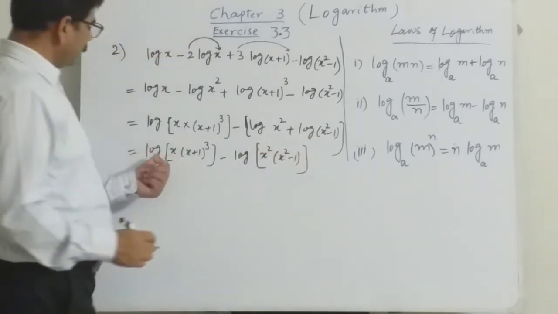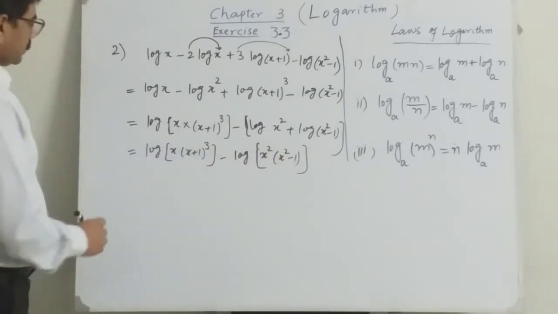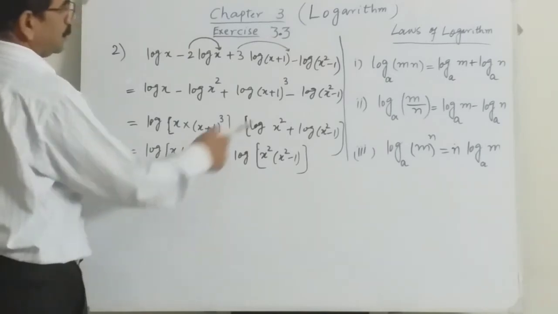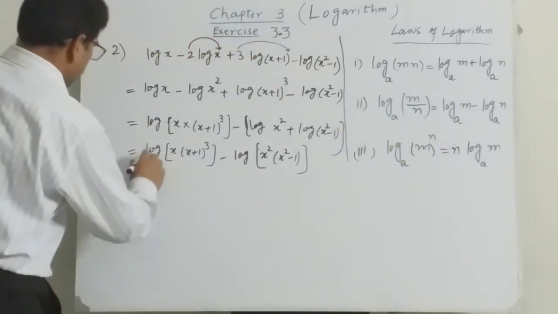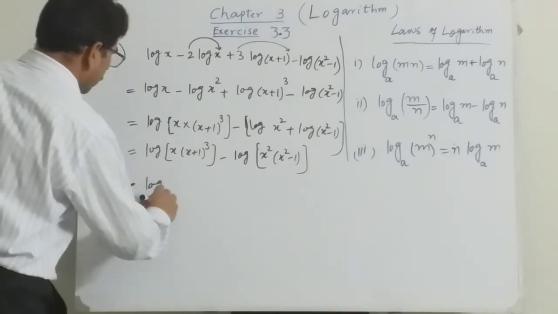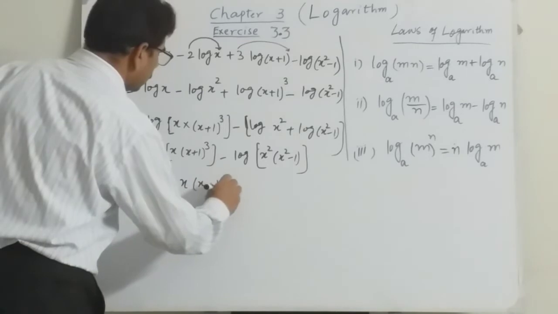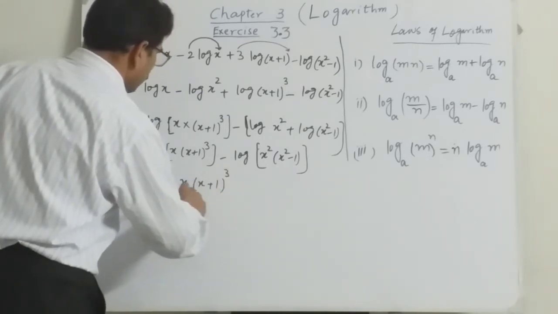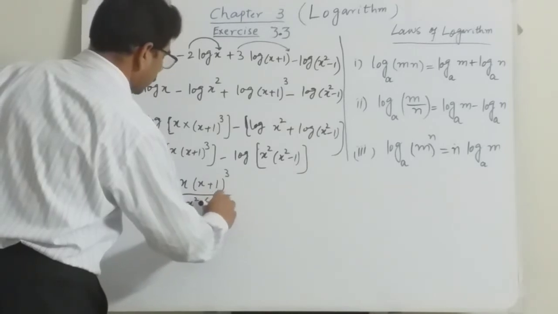Now we have obtained the difference of the logarithm of two terms, so we will make use of the second law. In single logarithmic form it will be written as x into x plus 1 cube over x square into x square minus 1.